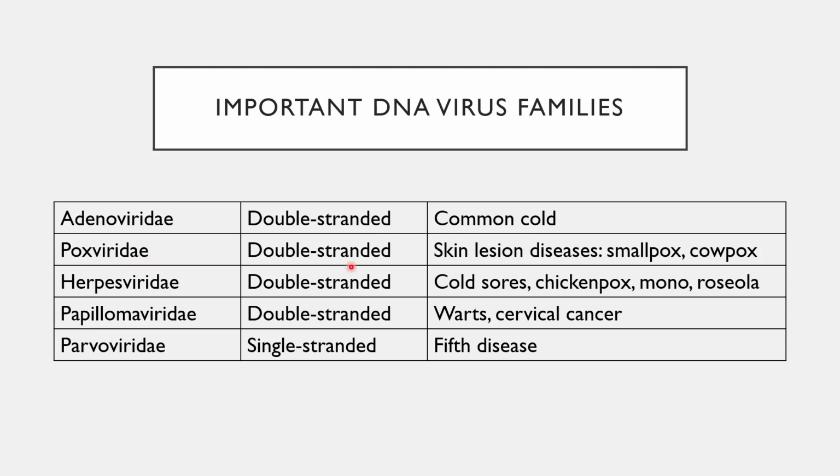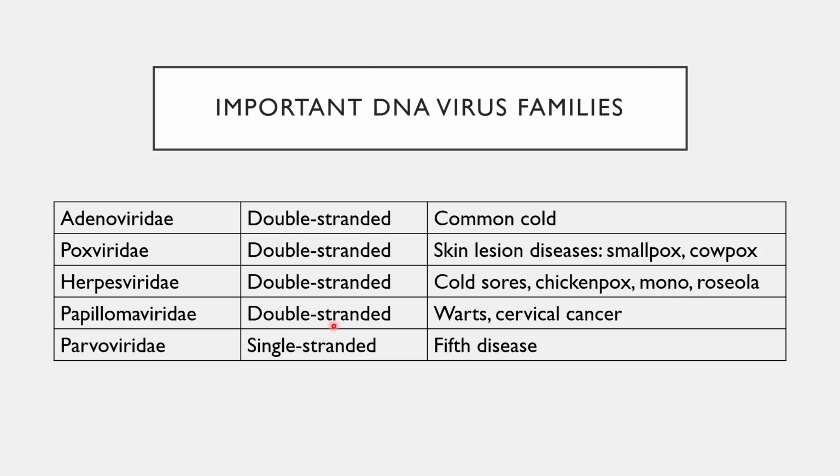Poxviridae is a family of double-stranded DNA viruses that causes disease associated with skin lesions, including smallpox and cowpox. Herpesviridae, also double-stranded, causes diseases associated with sores and rashes, including cold sores, chickenpox, mononucleosis, and roseola.